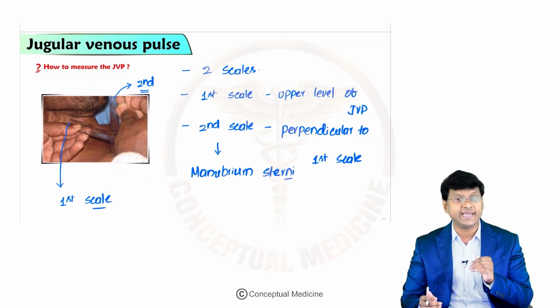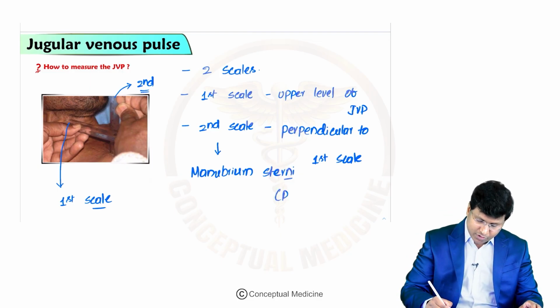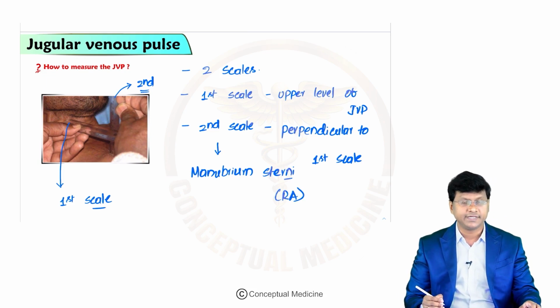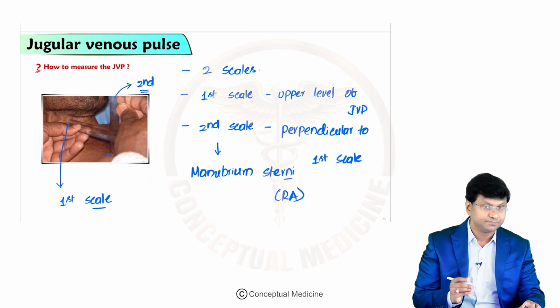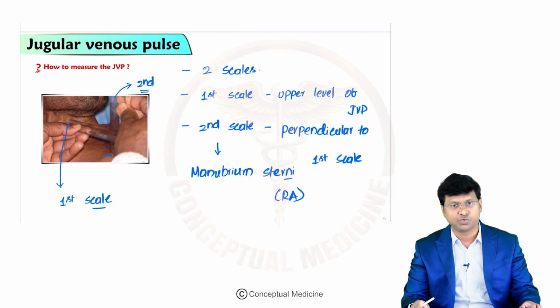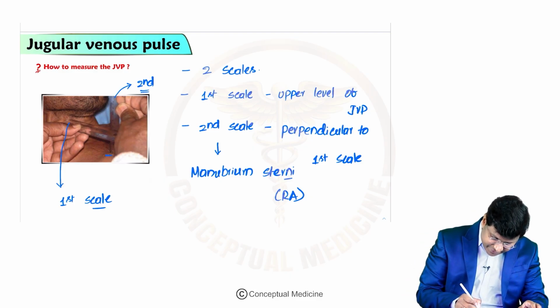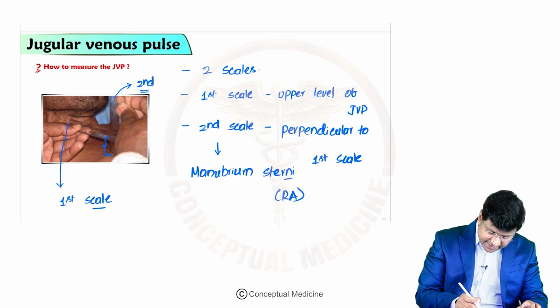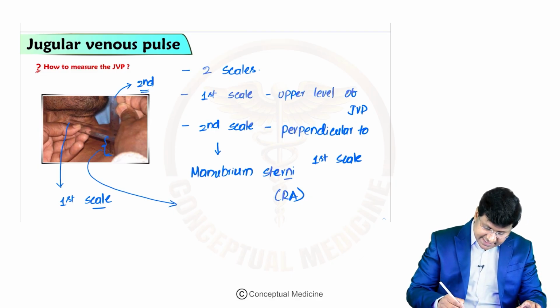Why? Because exactly beneath the manubrium sterni you have the presence of the right atrium. Exactly 5 centimeters above the right atrium you have the chest wall, that is your manubrium sterni. So this particular measurement is considered as the jugular venous pulse.